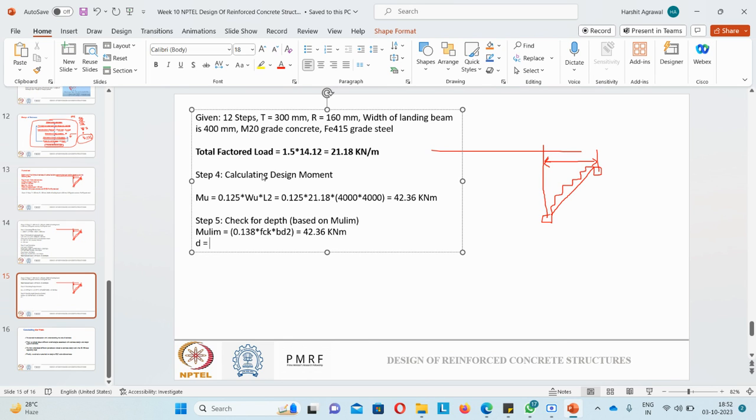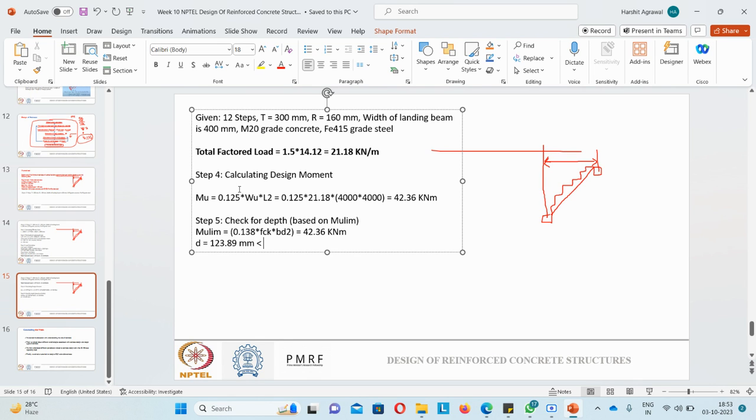So 42.36 into 1000 into 1000 divided by 0.138, divided by 20, divided by 1000, and the square root of this. So small d will come out to be 123.89 mm, which is less than what we have provided.